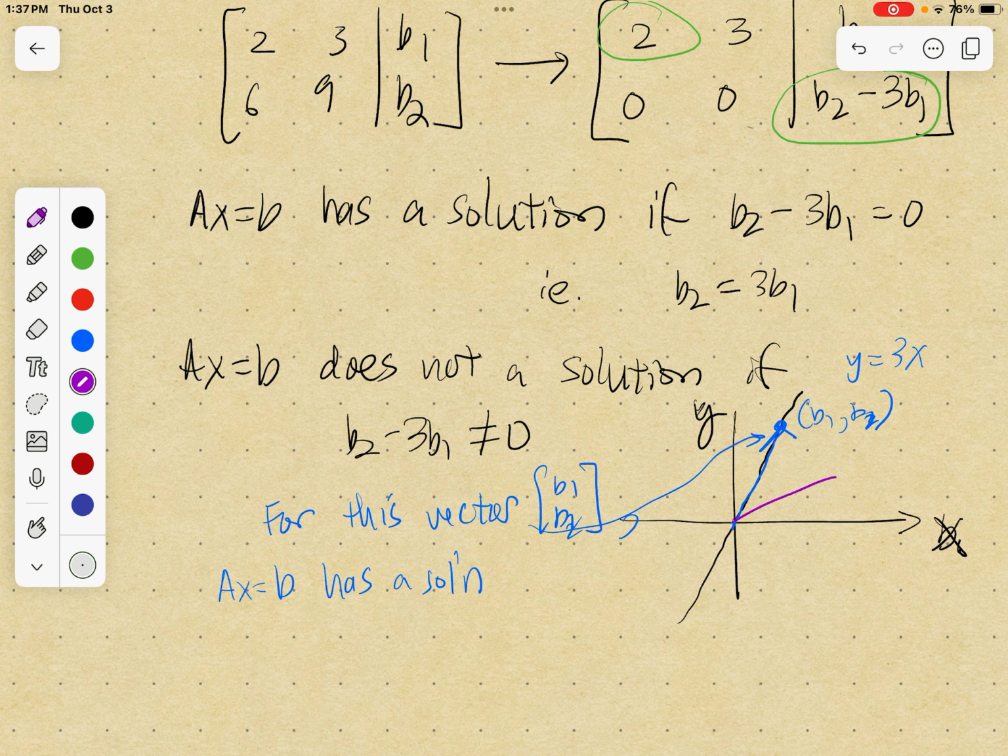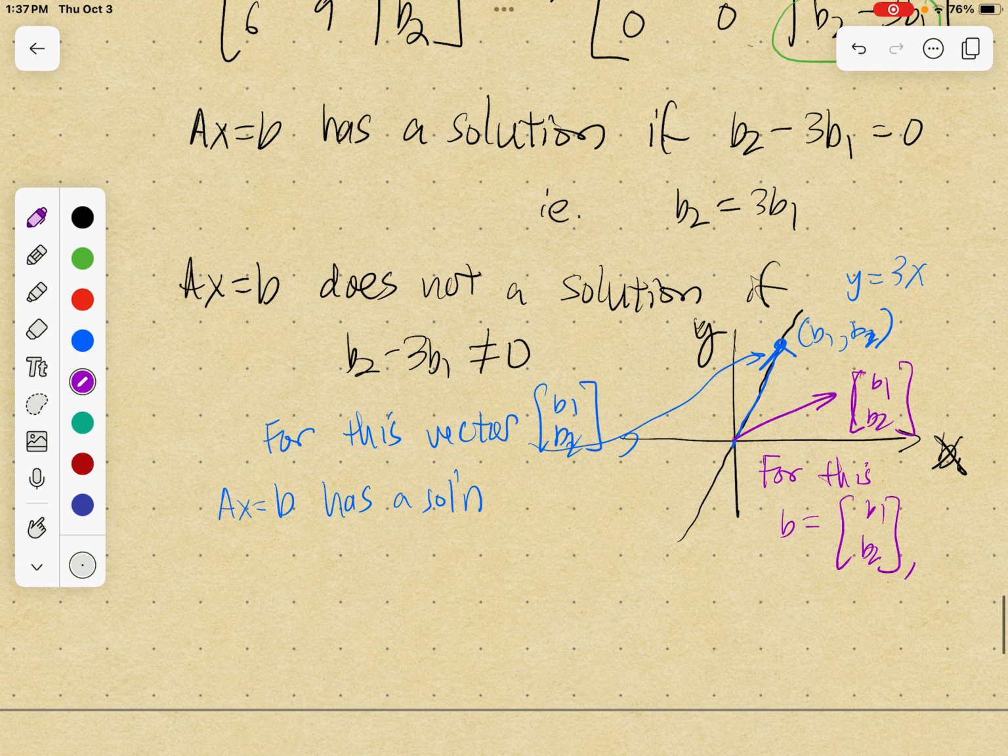But for any other vector, so let's say this vector is B1, B2, AX equals B has no solution.